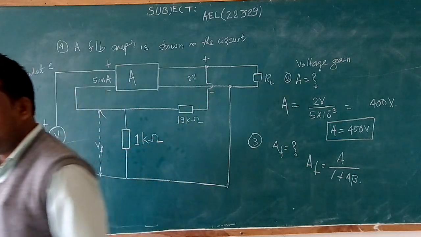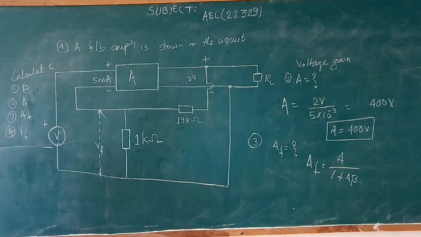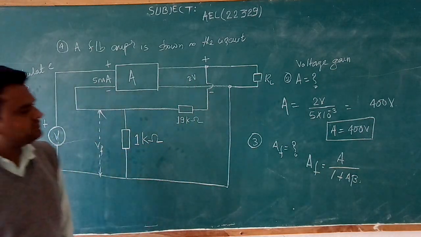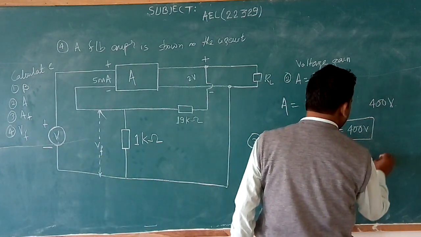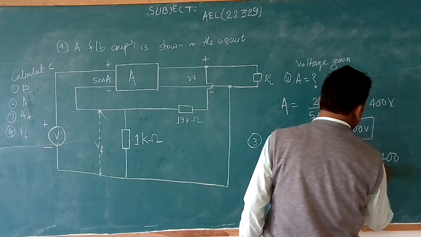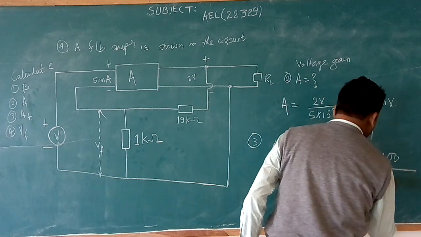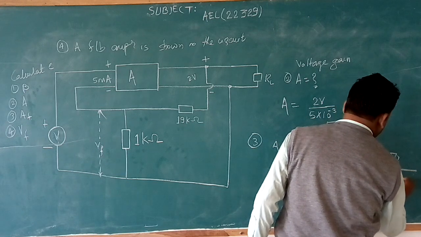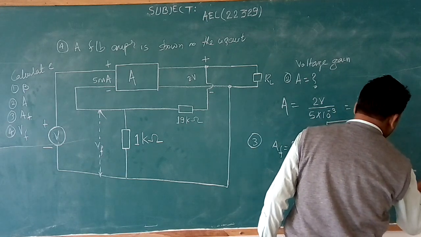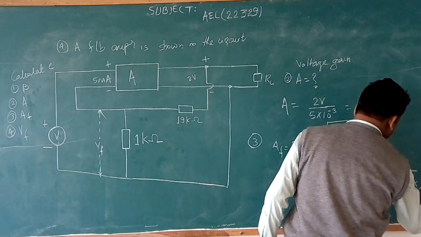Put the values: A is 400, divided by 1 plus 400 times beta, and beta is 1 by 20.